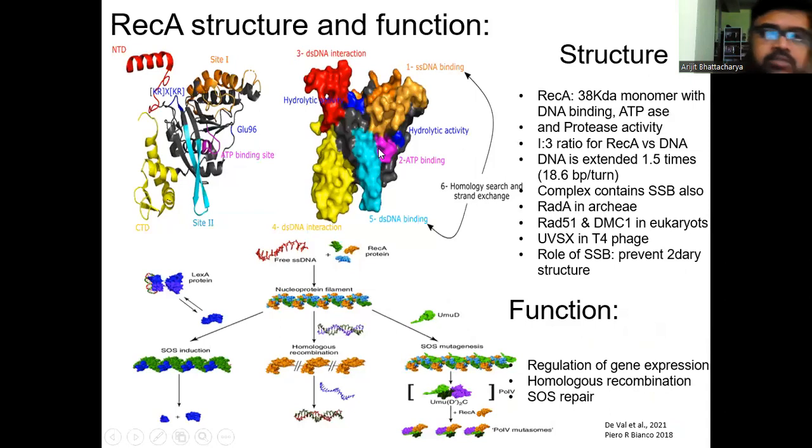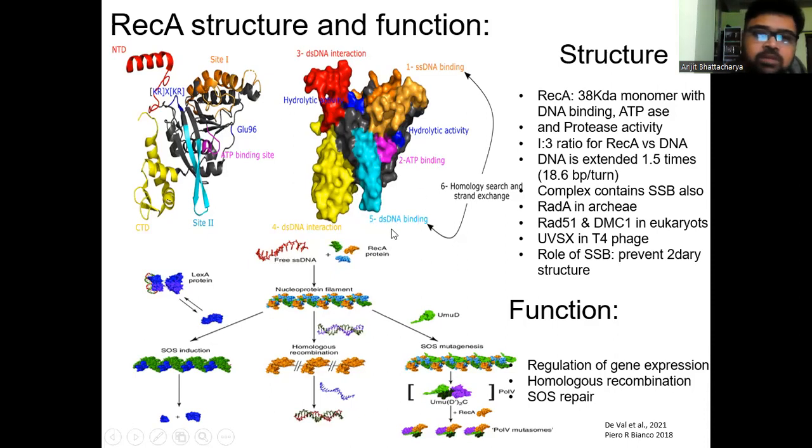Now let us discuss RecA a little bit. So this RecA is a 38 kilodalton monomer. It has several enzymatic activities, which include ATPase activity, protease activity, and of course, both single-stranded and double-stranded DNA recognizing activity. So there are different domains you can see. There is a domain for ATP binding.